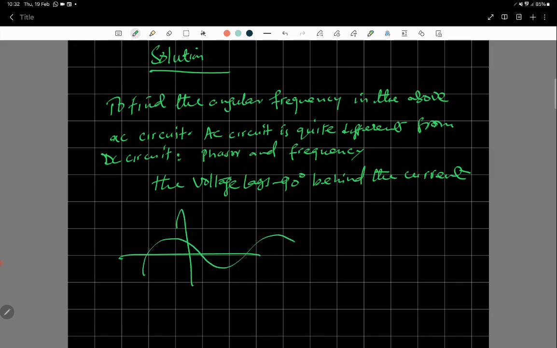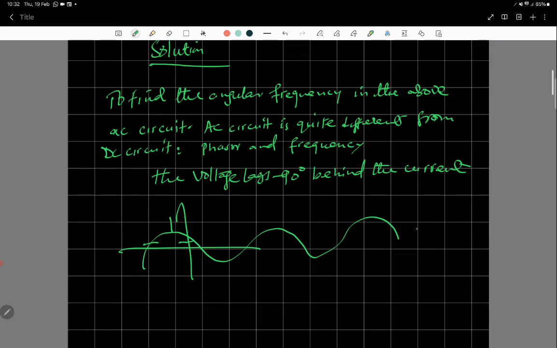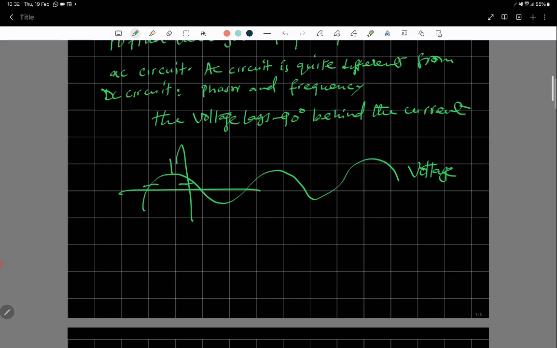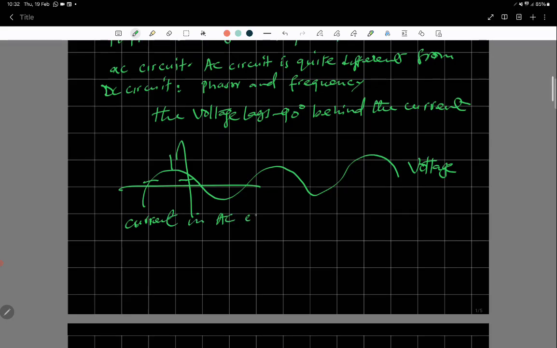Now looking at the amplitude, looking at the wavelength and the voltage-current relation in an AC circuit, it is quite different to a DC circuit.